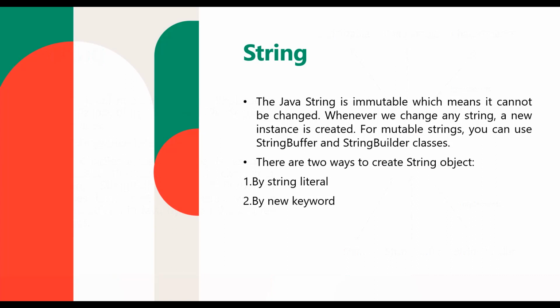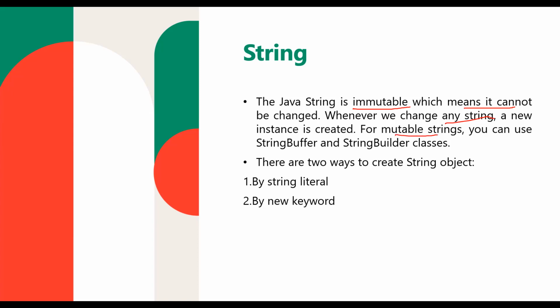Furthermore, a string in Java is immutable. The meaning of immutable is that it cannot be modified, or you can say it cannot be changed. So whenever we change any string, a new instance is going to be created.